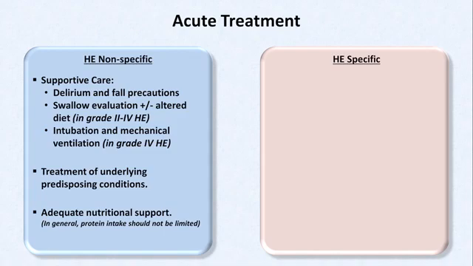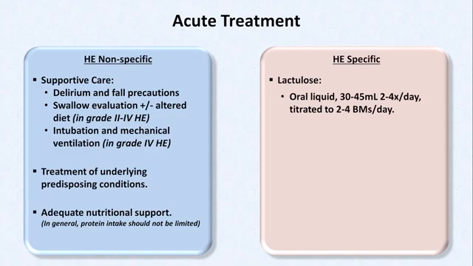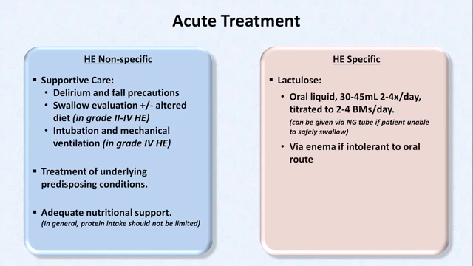Moving on to treatment options that are specific for hepatic encephalopathy, by far the most commonly used is lactulose. It's administered as an oral liquid, usually in either a 30 or 45 milliliter dose, given 2 to 4 times per day, which is then titrated to maintain 2 to 4 bowel movements per day. In patients who are unable to safely swallow, it should be given via nasogastric tube or alternatively via enema.